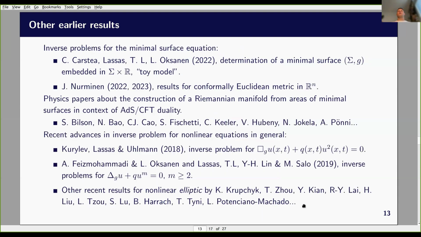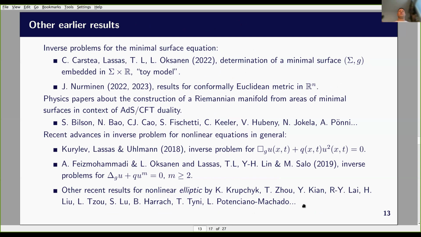Okay, before we go to the proof of the main theorem about minimal surfaces, let me give some earlier results by different people. So I already gave you some references, but let me give you more.